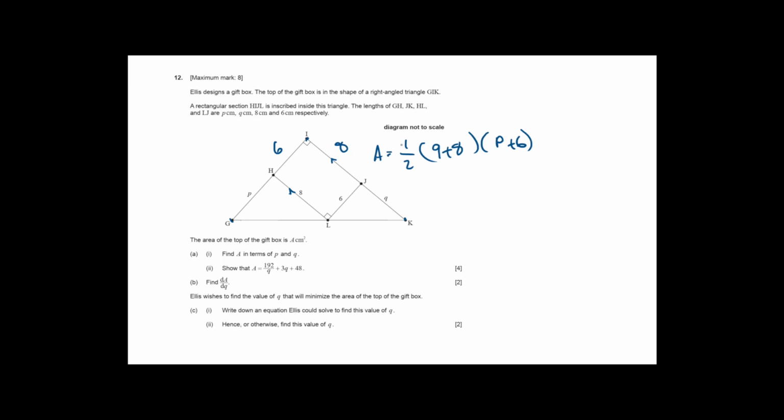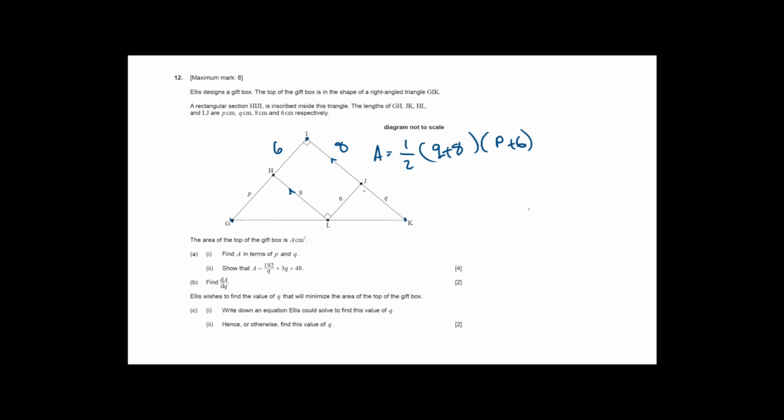All right, show that A equals 192 over Q plus 3Q plus 48. So they want the area in terms of Q only. It's got Q there so you can see that it's Q, not 9. So we want to get rid of the P, essentially. That's not going to give it to us because we don't know the area.